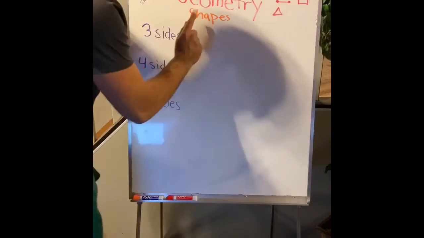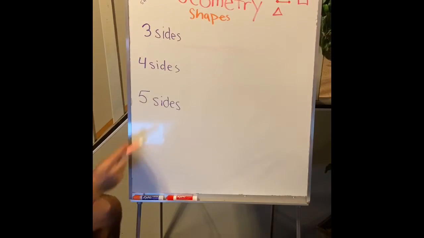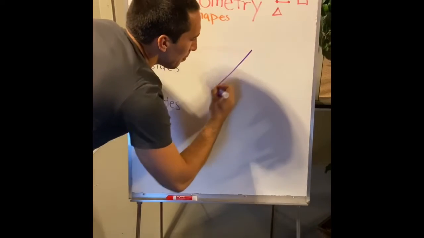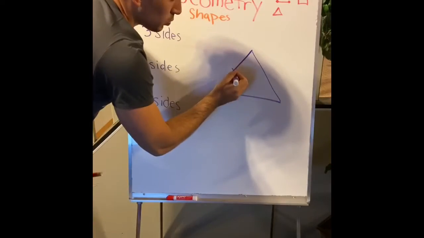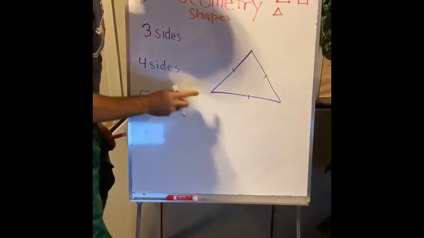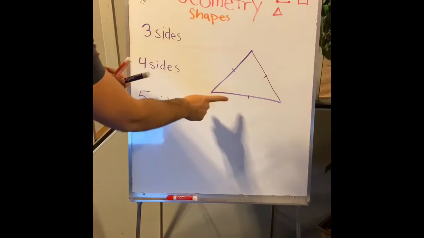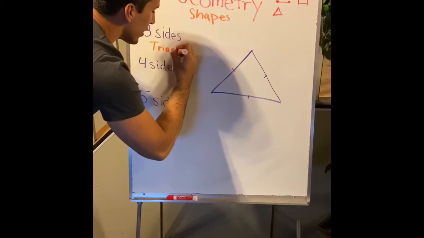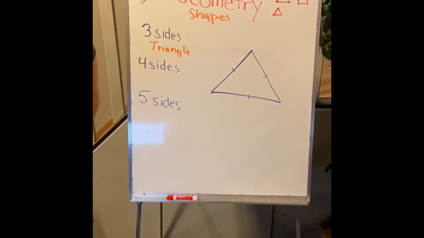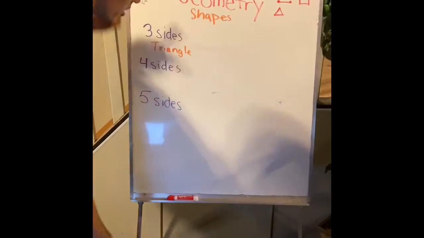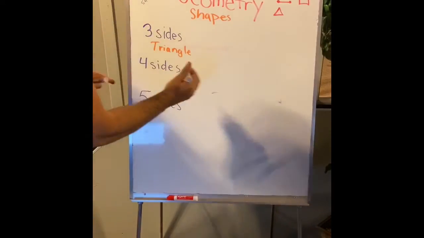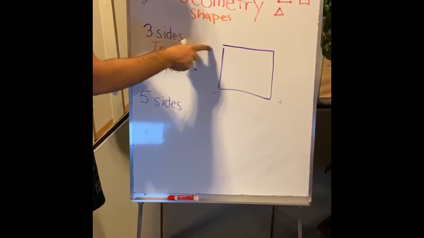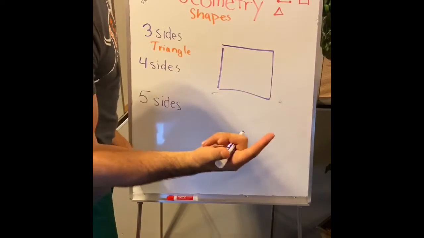All right, now we're going to move on to our geometry shapes. Our first one is a three-sided shape. So if I was to draw a shape with three sides, 1, 2, 3, what would the name of this shape be? A three-sided shape is called a triangle. All right, moving on. A four-sided shape, you can see this as a square or a rectangle.